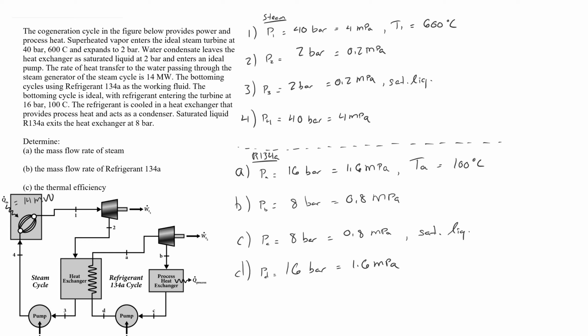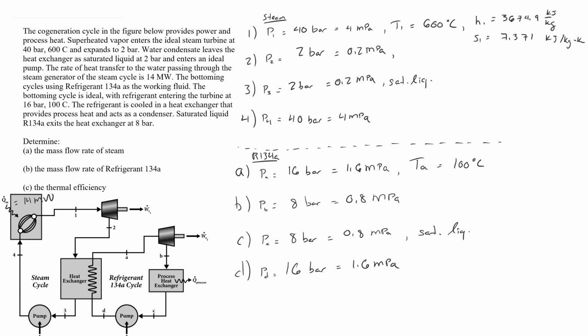As stated in the problem, I have a superheated steam, and enthalpy comes right out of the table, 3674.9 kilojoules per kilogram, and entropy is 7.371 kilojoules per kilogram Kelvin.